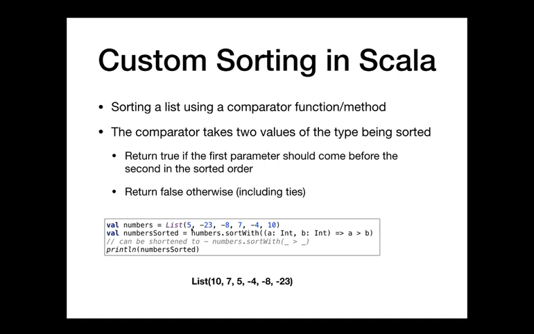I always get those ones backwards, so I'm not positive if I got that. But that 3 style. For this, we're going to use the more standard, at least on the theory side of computer science, comparator of take 2 values, true if the first comes before the second, false otherwise. So if this is a tie, that's going to return false, and we can still get the same behavior.